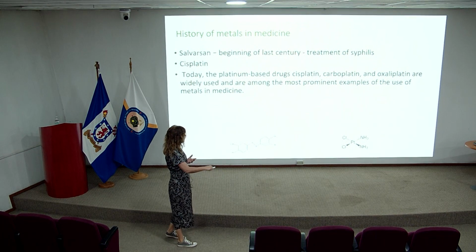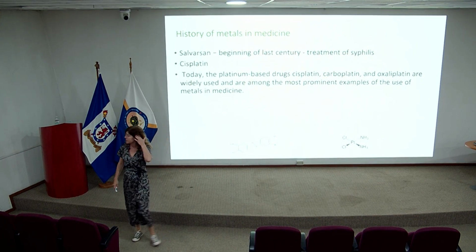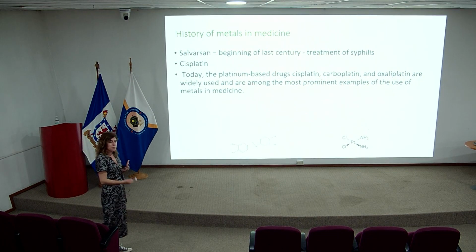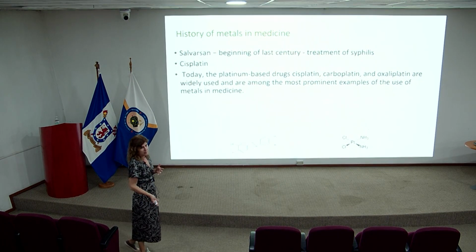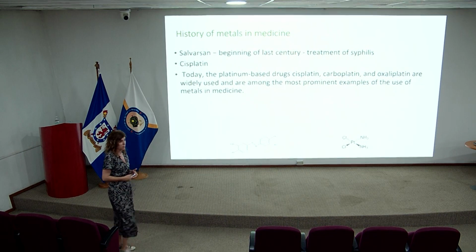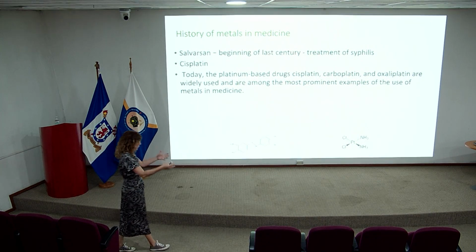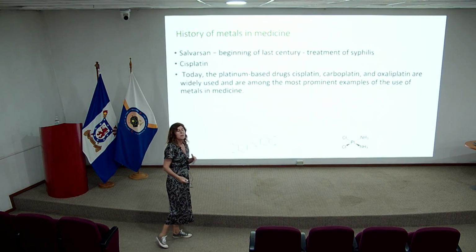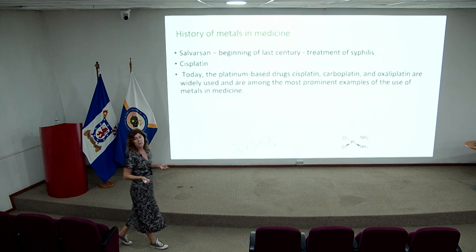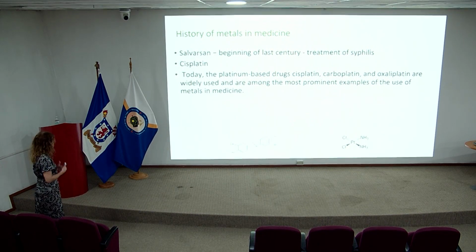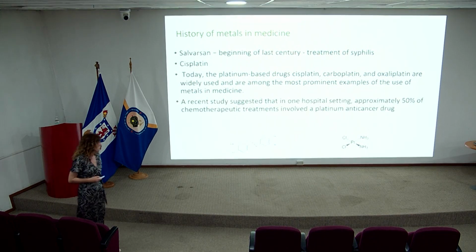In fact, it was after the discovery of cisplatin that people started investing their time in developing metallodrugs, because most of the anti-cancer drugs, besides the platinum-based drugs, are organic compounds that have one target, one protein, and what typically people take are cocktails of drugs that target different systems.